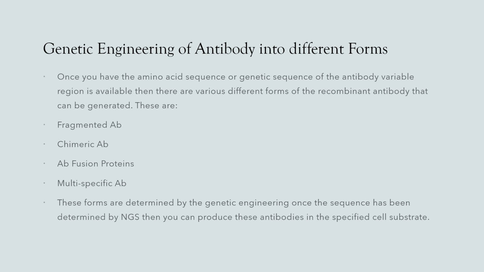You can also combine antibodies to have maybe 2, where you have bispecific antibodies, or 3, that's trispecific, or multispecific, where you have multiple antibodies that are bound together using protein engineering techniques. So these are some of the forms, not all of them, for genetic engineering. And you can produce these antibodies for various different therapeutic applications.